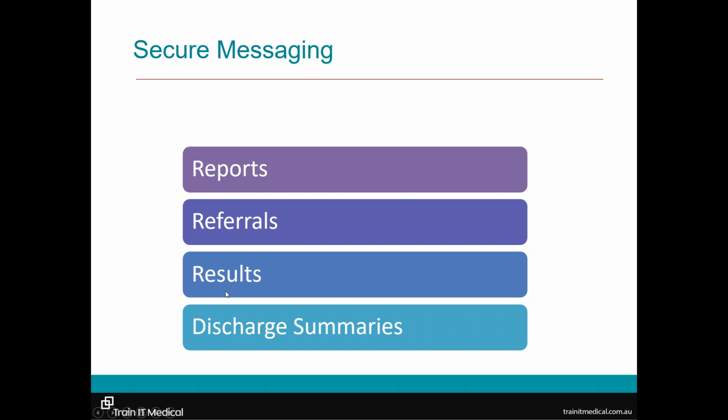But I just wanted to also mention that from an allied health perspective, you're focusing on sending and receiving reports and referrals via secure messaging. In general practice, they can send and receive all of these things.